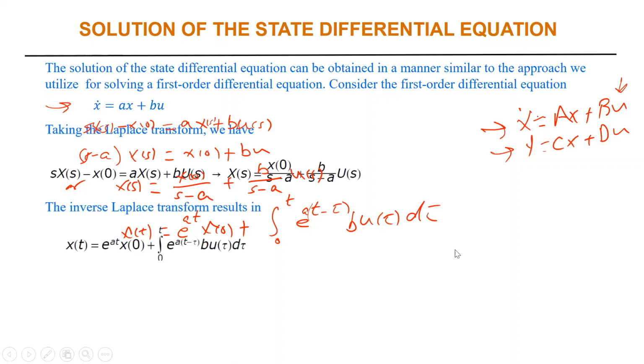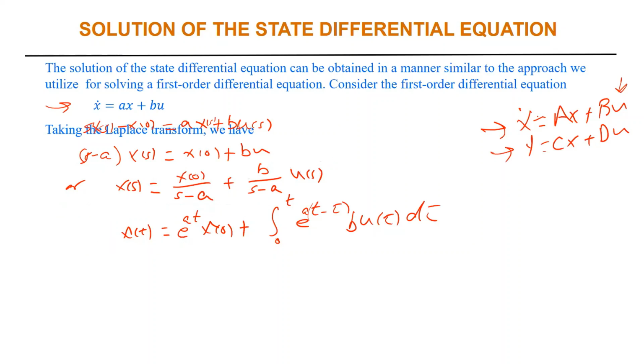If, for example, U equal to a step function, I substitute U equal to 1. Or from the last step, if the input u(t) equal to 1, a step function, then this is going to be 1 over s, and I can do the partial fraction.